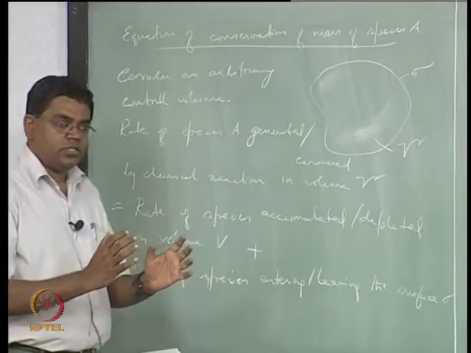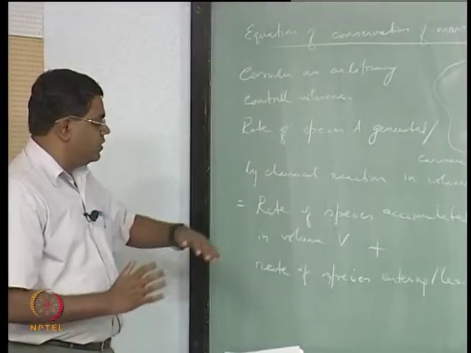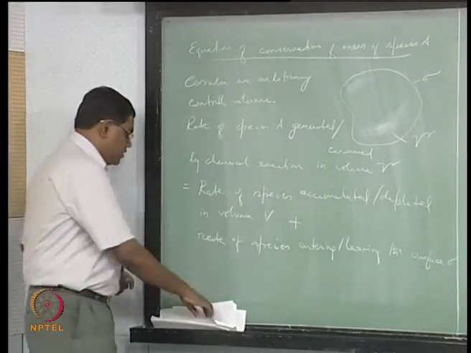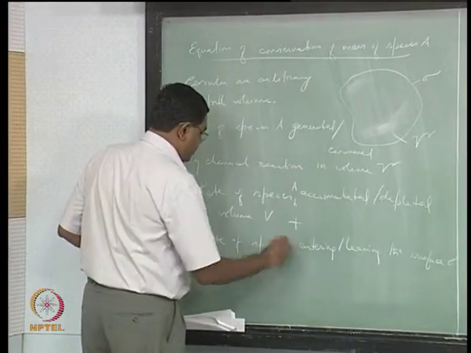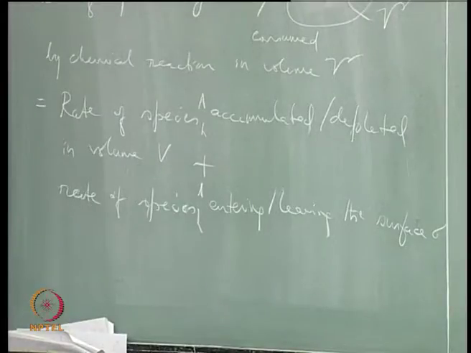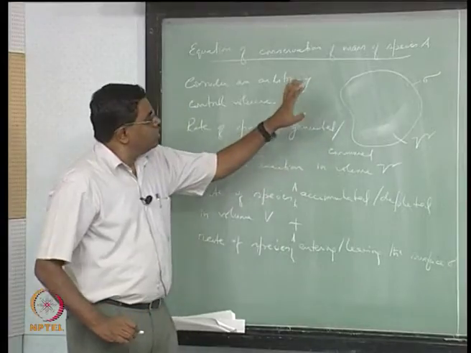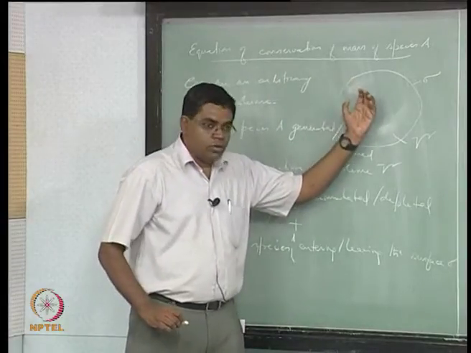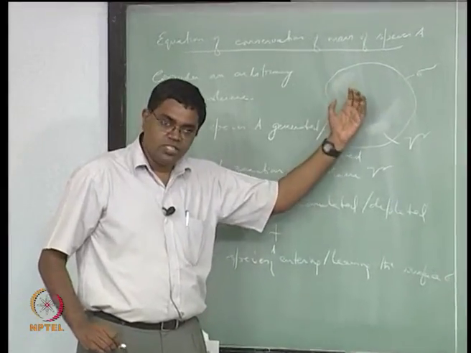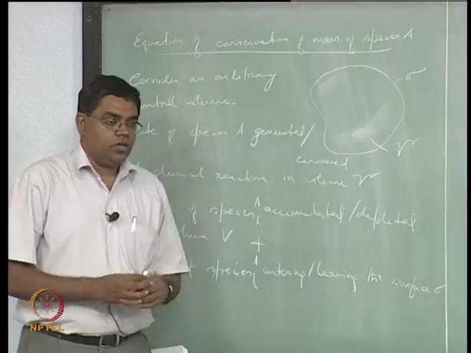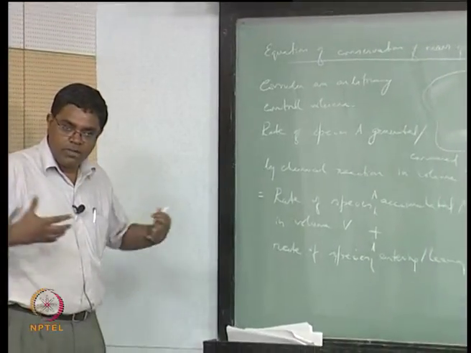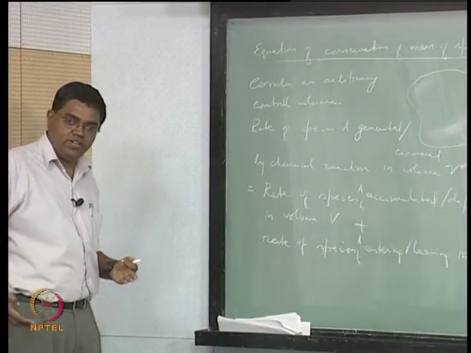So if you now look at how much of your species A, so we are looking at a particular species A, okay, the amount of species A, mass in this case, okay, when we say amount we are looking specifically at mass of species A that is accumulating or depleting, the rate at which it is accumulating or depleting, how much of it is growing or decreasing.